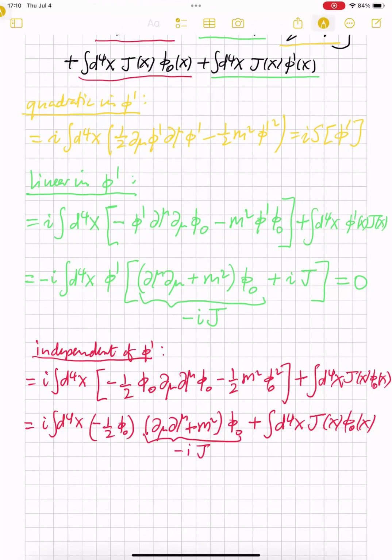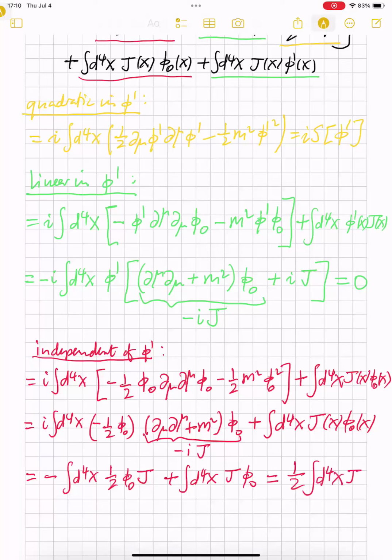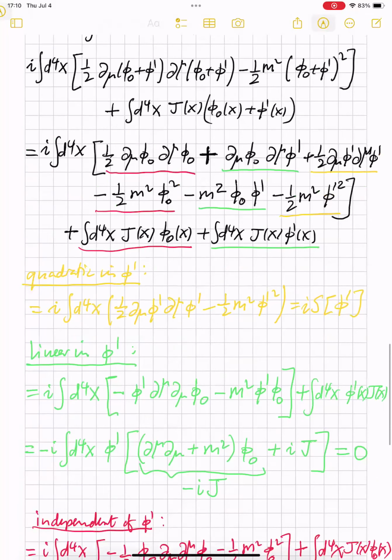So let's see what we've got. We've got an i times a minus i. Well, that's a negative. So we've got minus integral d4x, we've got 1/2 phi naught and j. And then for the second term, we've got plus integral d4x j phi naught. Well, it's pretty easy to add these two terms together and just get 1/2 integral d4x j phi naught. Lovely. So now we've finished doing this rewriting.